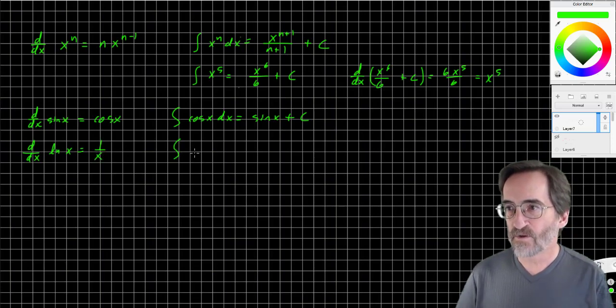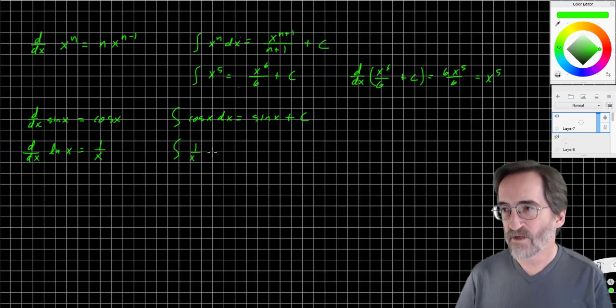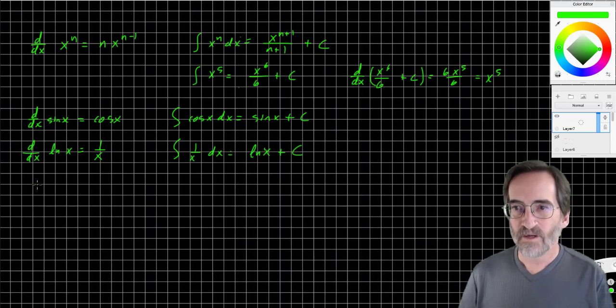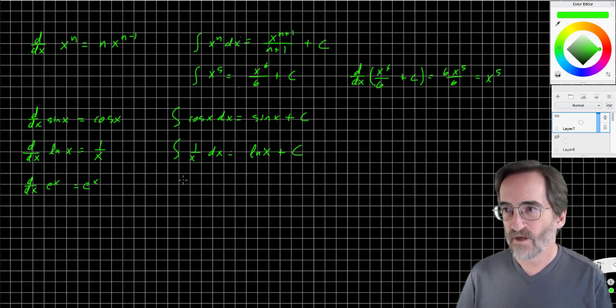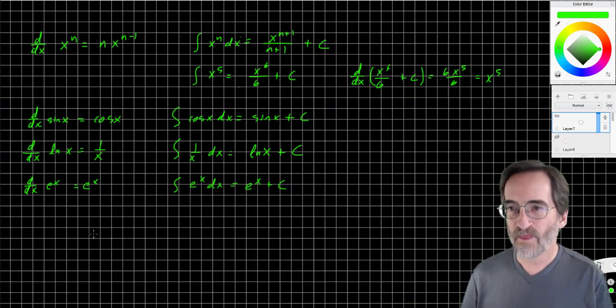So the integral of 1 over x dx is the natural log of x plus a constant c. You may recall the derivative of e to the x is e to the x. So the integral of e to the x dx is e to the x plus c.